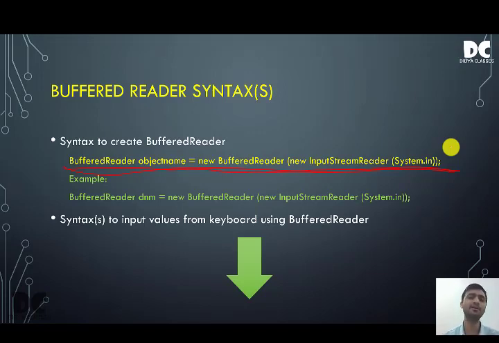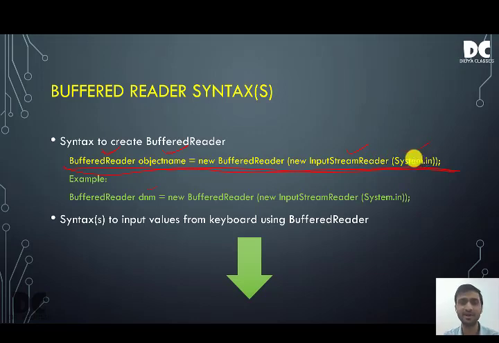Similarly, in buffer reader we'll write the same thing, but the syntax changes. Instead of Scanner, we write BufferedReader. The object name, which can be anything according to identifier rules, I have taken DNM instead of x. BufferedReader DNM = new BufferedReader(new InputStreamReader(System.in)).